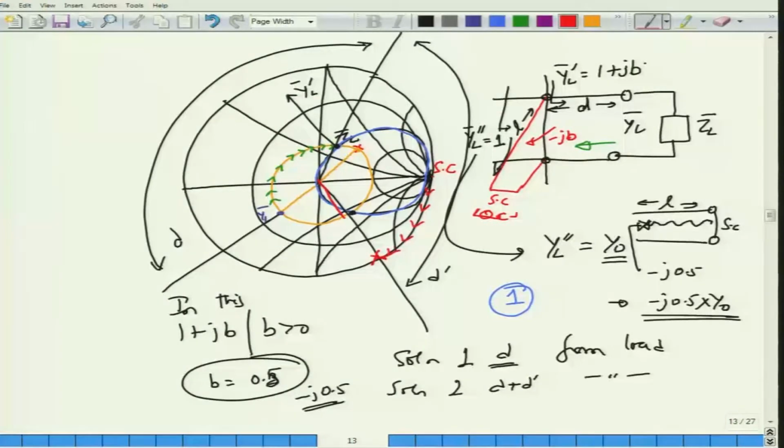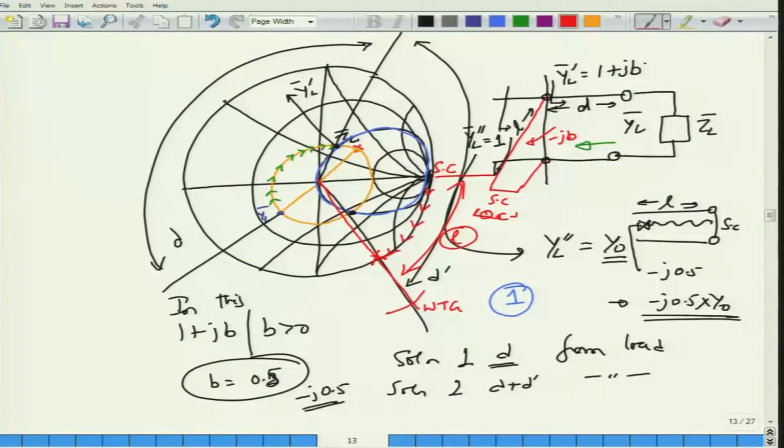From here you draw a circle and note down on the WTG scale what is the value here, and this difference is the distance which you have covered from the short circuit towards the generator, which will give you the length of the transmission line that is necessary in order to add a susceptance of minus jB.